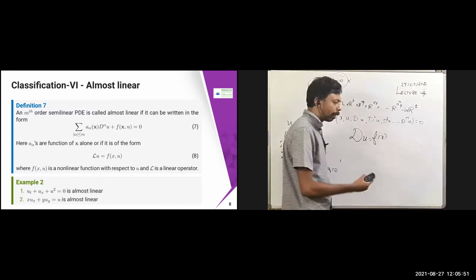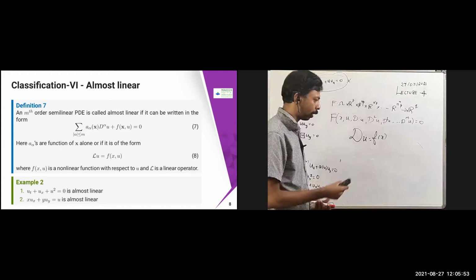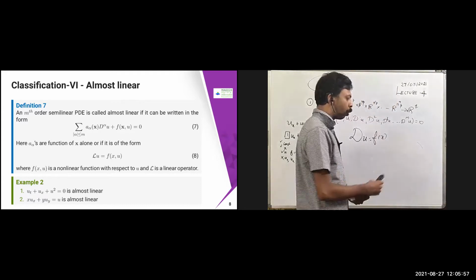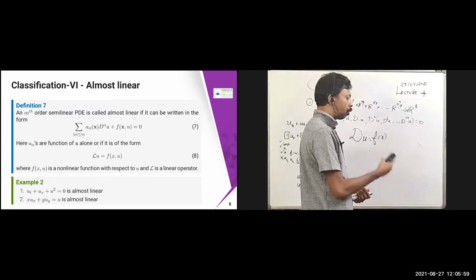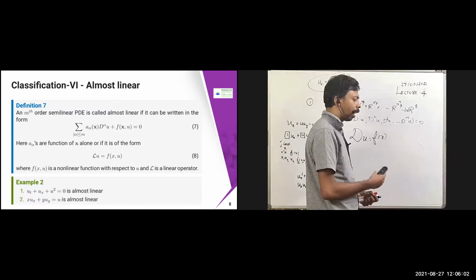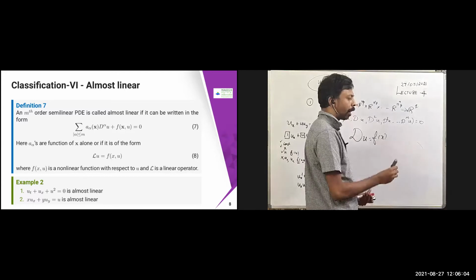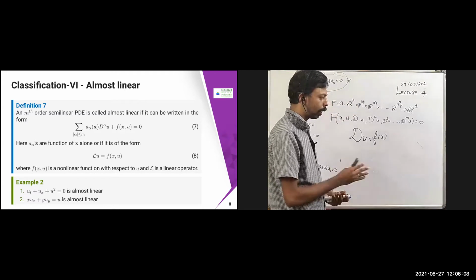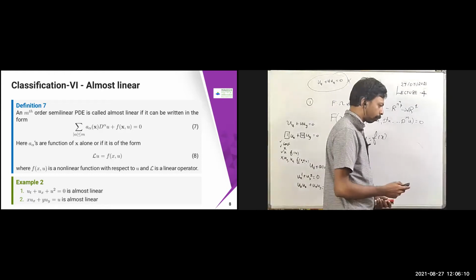In that case, it is called almost linear. So for example, you can see u_t plus u_x plus u squared. So u squared is there, but still we say it is almost linear because the u squared is a non-linear term, but the u_t, u_x terms are linear, so we don't worry about that.